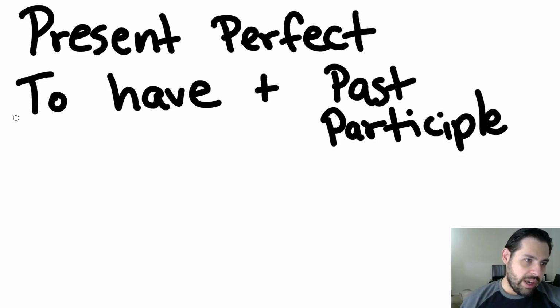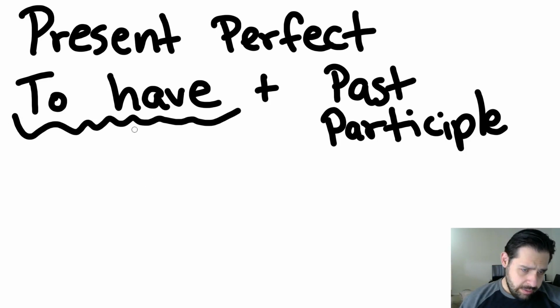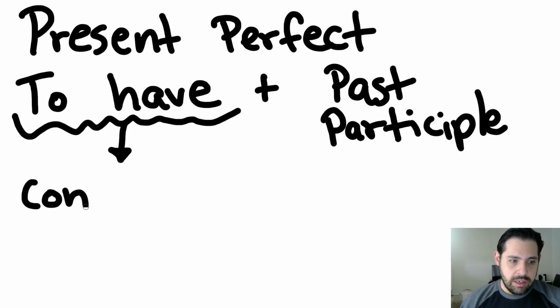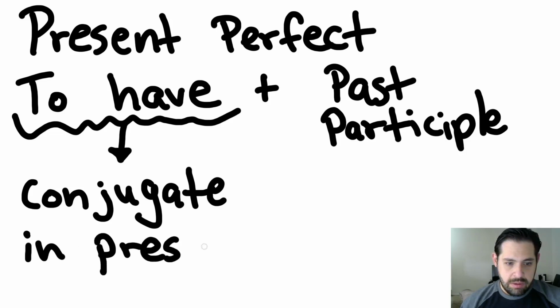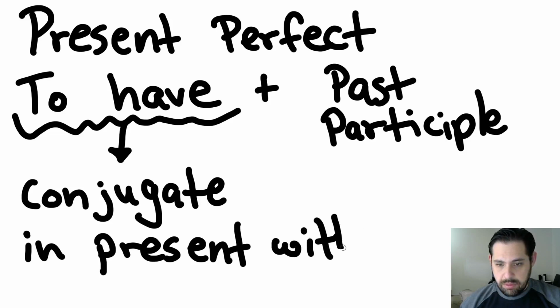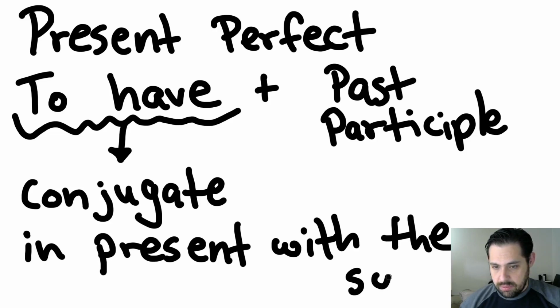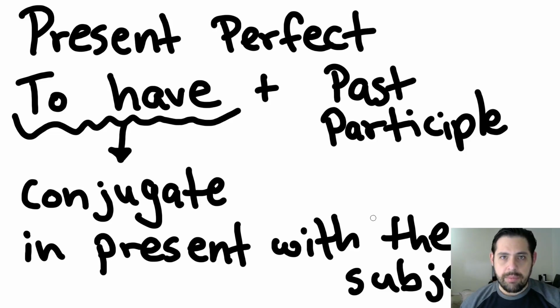So what we really have to be watching out for is the verb to have, which we're going to conjugate in the present with our subject. Okay?